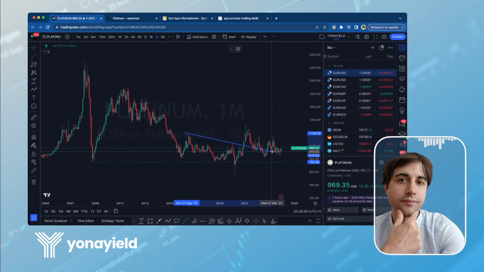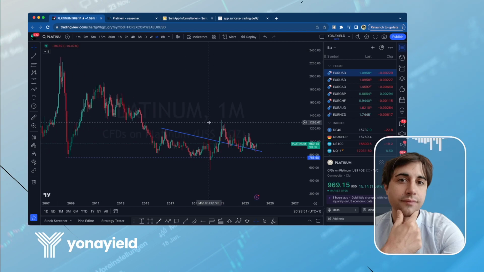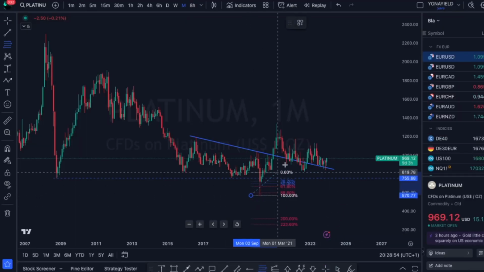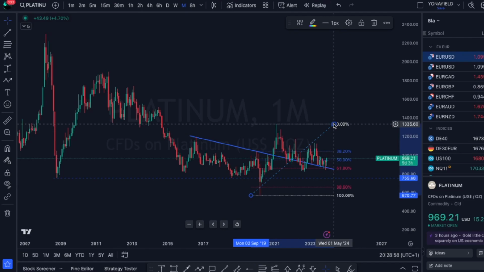Also we can see this kind of trend line right here, where we can also see a breakout basically that happened here in 2021. So very interesting here from the longer term perspective. This of course is a very long term chart, but it is nice to see that here is potentially a trend change also going on, right? And as you guys can see, we have measured this before, 50-61%.